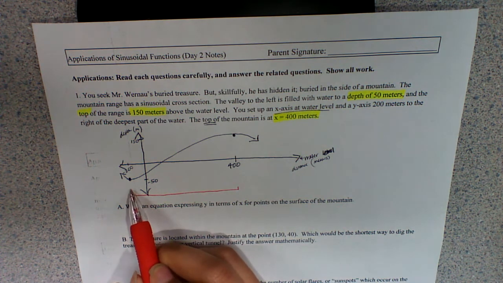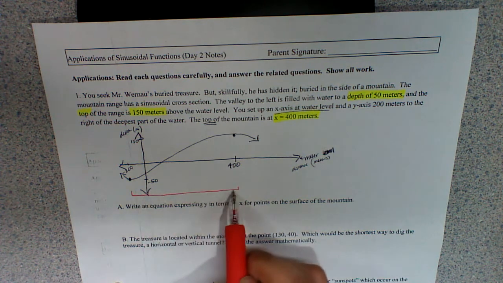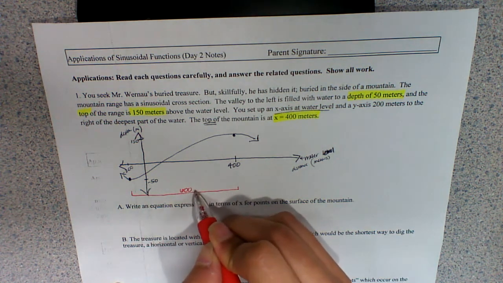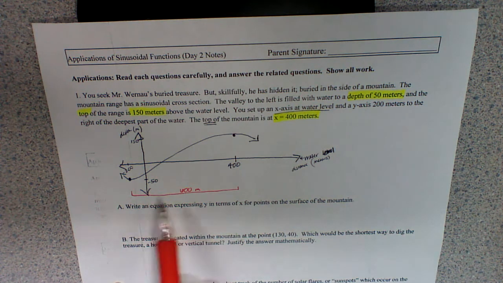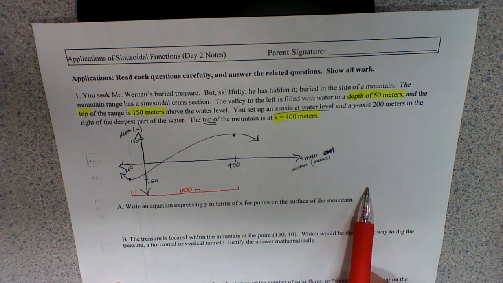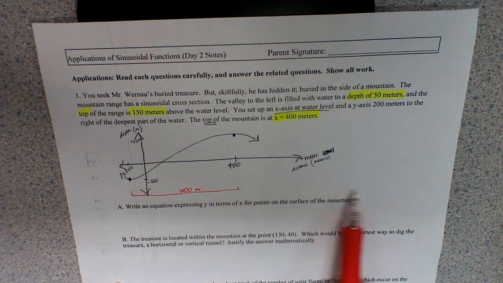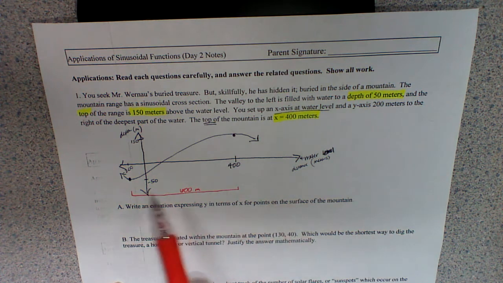So if I take a look from the lowest to the highest point, there's a total distance of 600 meters. Now that's only half of the entire pattern, and the reason why I'm looking for the entire pattern is because remember, the distance it takes to complete one pattern is your period.